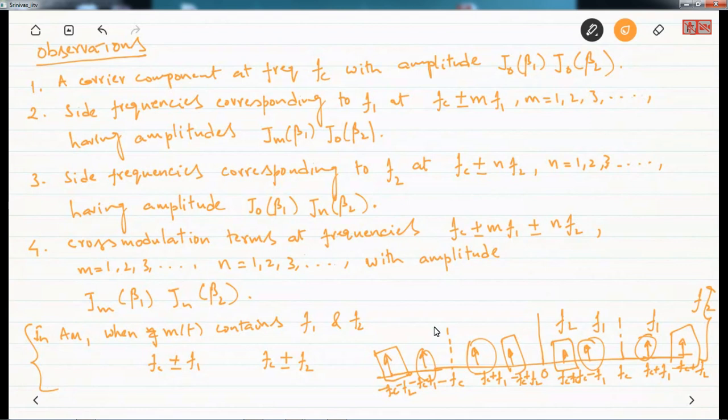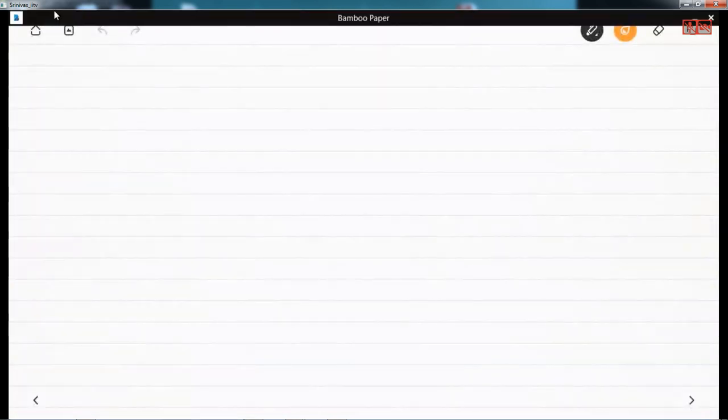Then we go to the next, natural topic, which is the transmission bandwidth of FM.